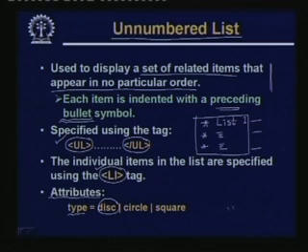This tells you what kind of bullet symbol will appear before the list items. If it is a disk, it is just a solid circle. If it is a circle, it means it is a hollow circle with no filling. Square means it will be a small filled square. So, these are the differences between disk, circle and square in terms of the way the bullet items are displayed at the beginning of the list.